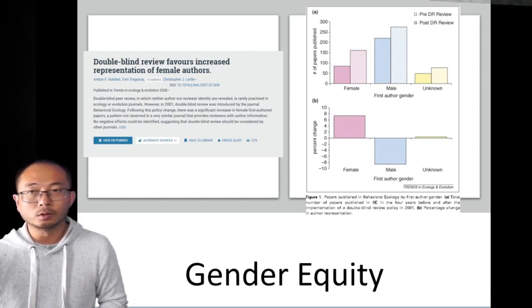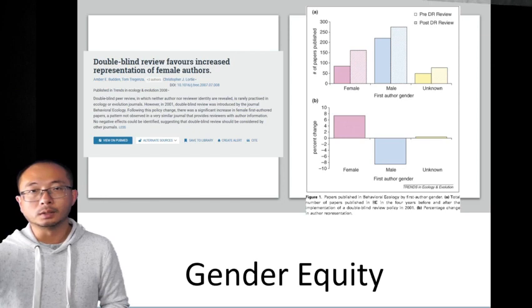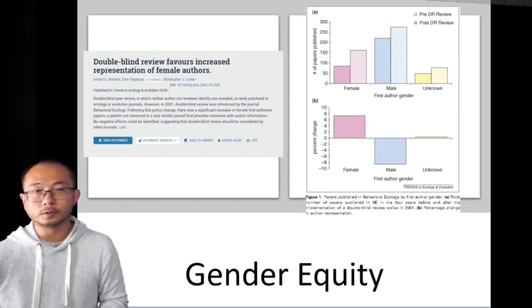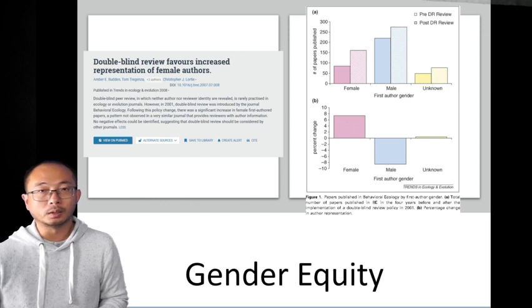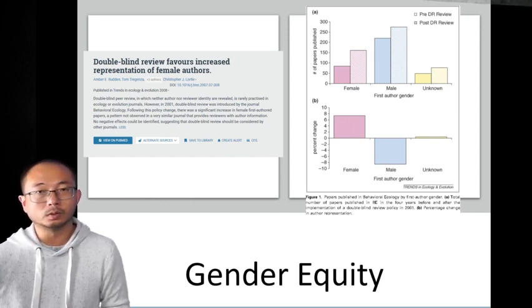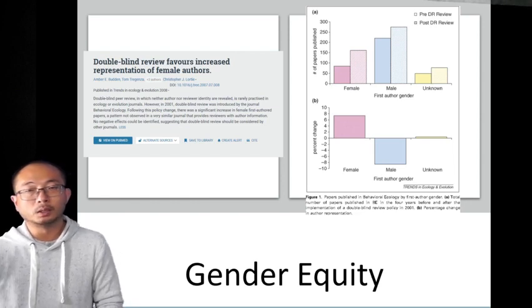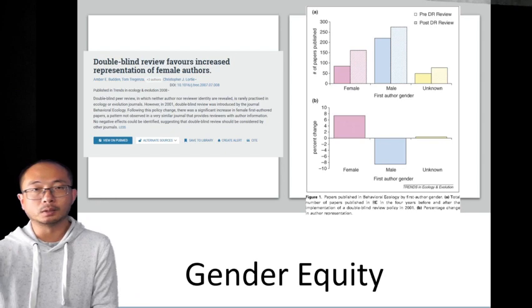If they didn't have the author list, the number of female first-authored articles jumps, and the number of male first-authored articles may drop. So there's a rebalancing when double blind comes in.